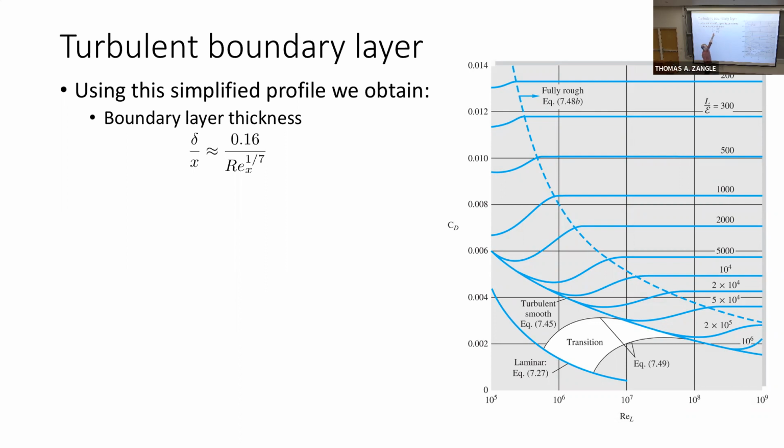So we'll say delta over x is approximately 0.16 over the 1/7 power of the Reynolds number based on x. This tells us how the boundary layer grows with x.